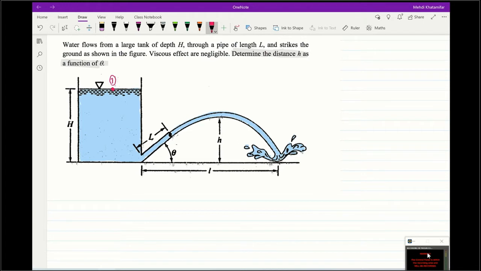Why? Because the pressure is atmospheric pressure, 0. Elevation, I know the height. Velocity is 0 because whenever we are talking about a tank, we assume a very large tank, and the speed of changing the level is almost 0. So this is one of the points I need.